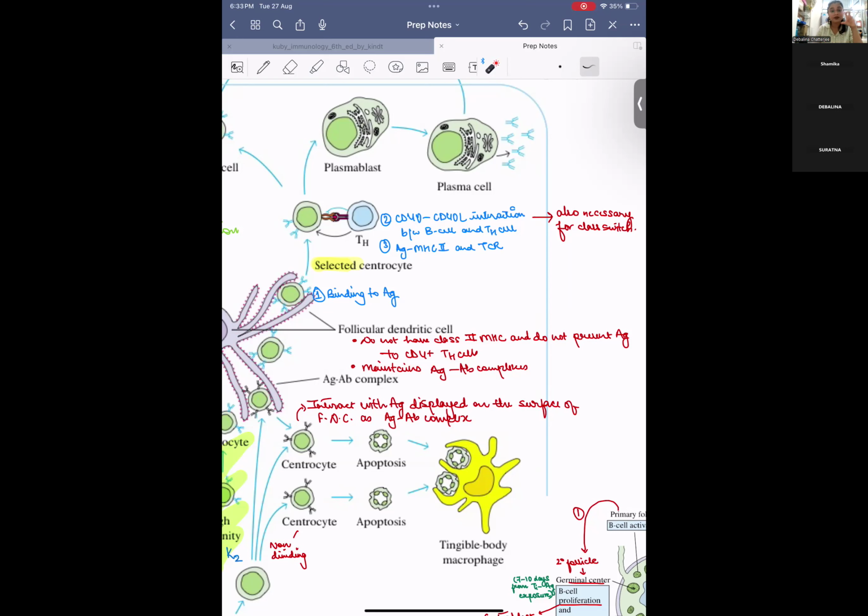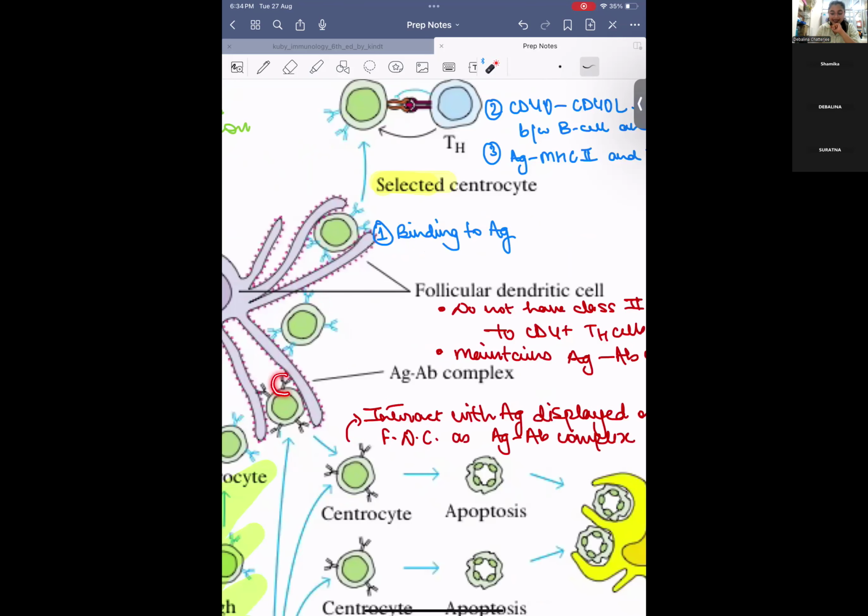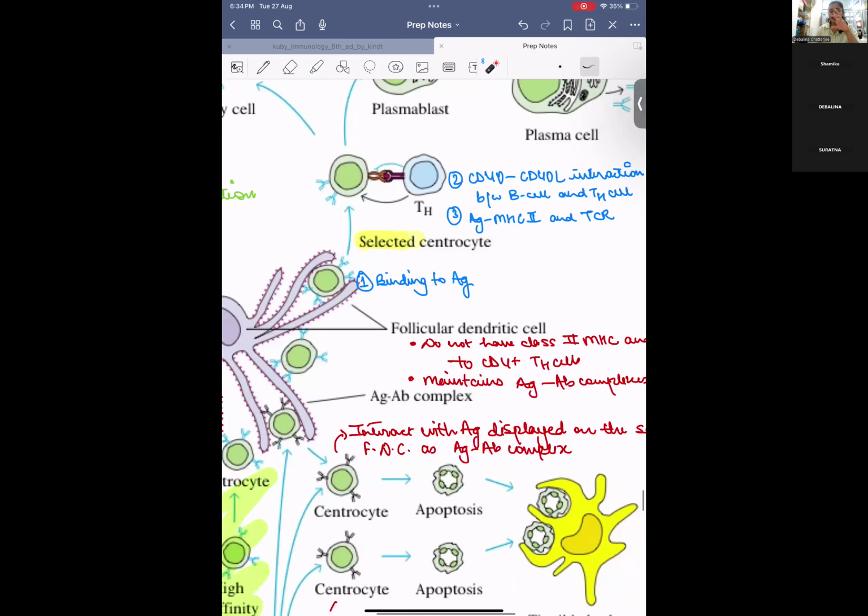Here, the antigen is being bound by the receptors, the antibodies present on the B cell, not the CD4 plus T helper cells. So follicular dendritic cells are not antigen presenting cells. They only help to retain the complex formation that happened between the antibody molecule of the centrocyte and the antigen that is present on the surface of this follicular dendritic cell.